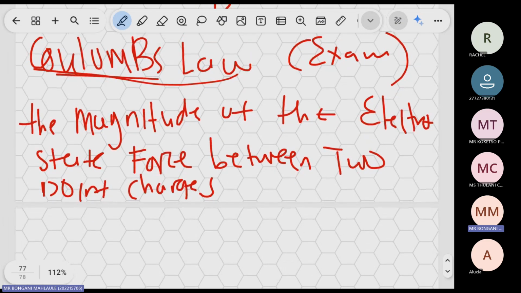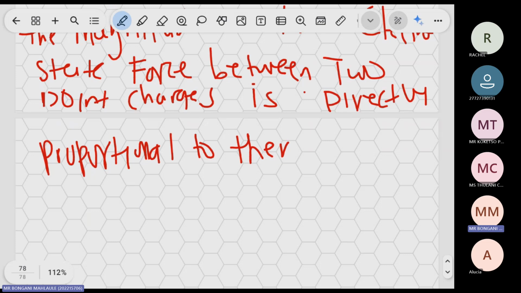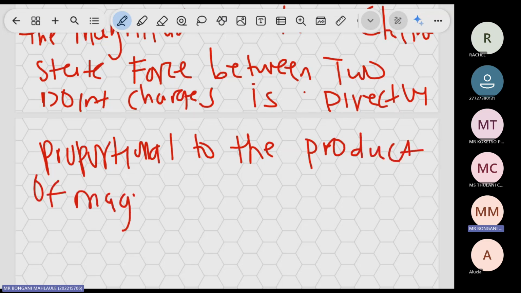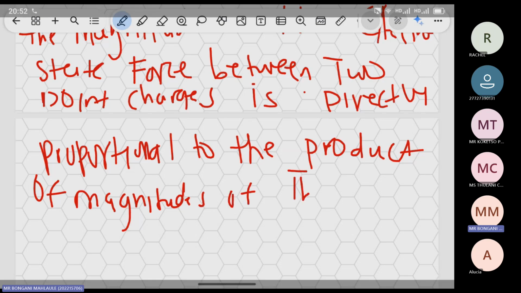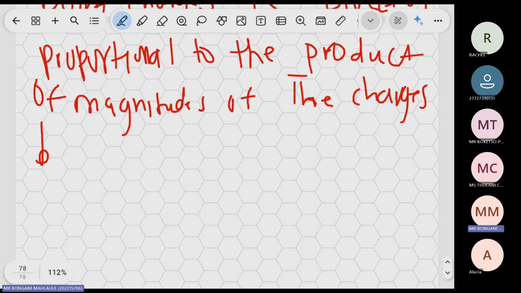So the magnitude of the electrostatic force between two charges is directly proportional to the product of their magnitudes, of the charges, and it is inversely proportional to the square of the distance between them.